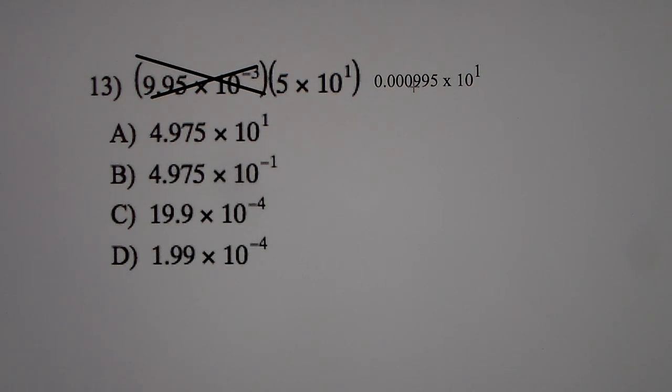Now we're going to do 5 times that number, and then times 10 to the power of 1 times 10 to the power of 1. So 5 times that decimal. We're going to get this decimal as an answer, 0.004975.